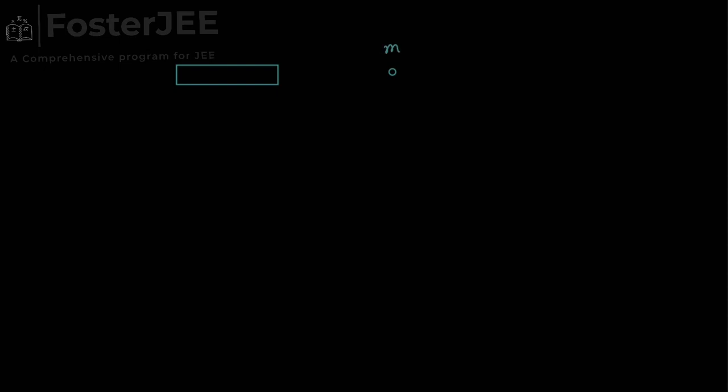Its mass is m and charge is minus q. The charge capital Q is uniformly distributed over its length L, and initially the distance between this end and this charge is a. We have to find the velocity of this charge when it comes to the middle, that is at a by 2 distance.